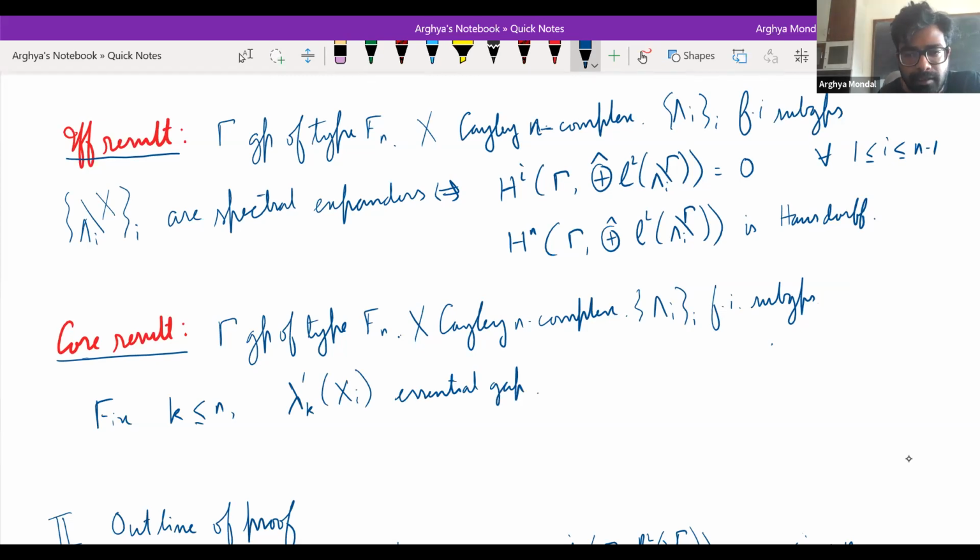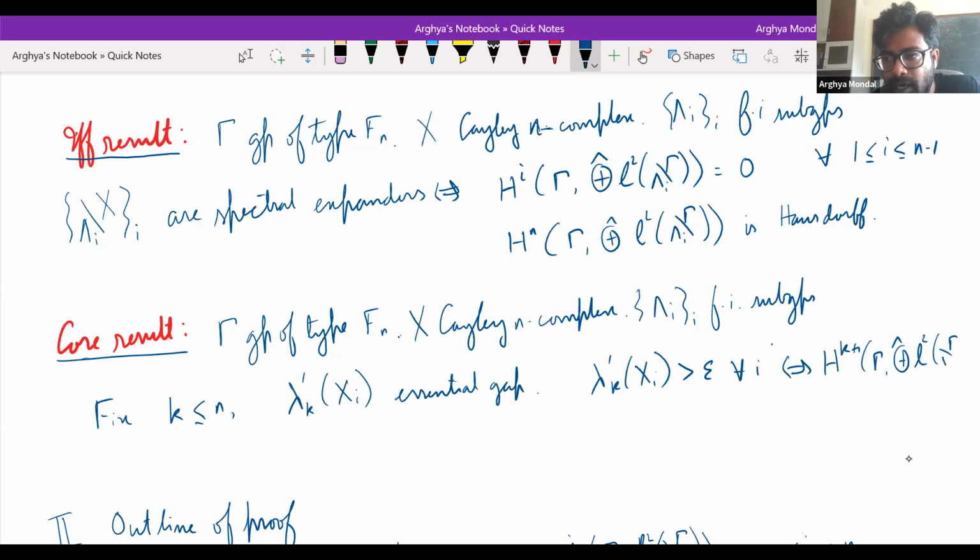And then this has a lower bound for all i if and only if H^{k+1}, the (k+1)-th cohomology of Γ with coefficients in the Hilbert direct sum of L2(Γ/Λ_i), is Hausdorff. This is positive.